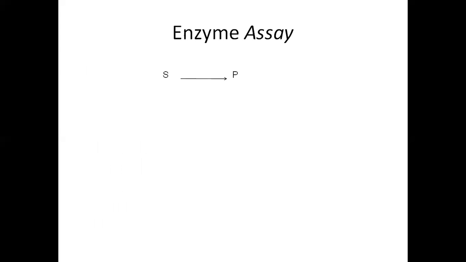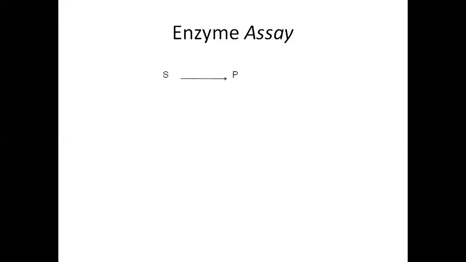We next turn our attention to how we figure out things like whether or not something is a substrate, whether a coenzyme is needed, and similar types of questions. An assay is a way of measuring.